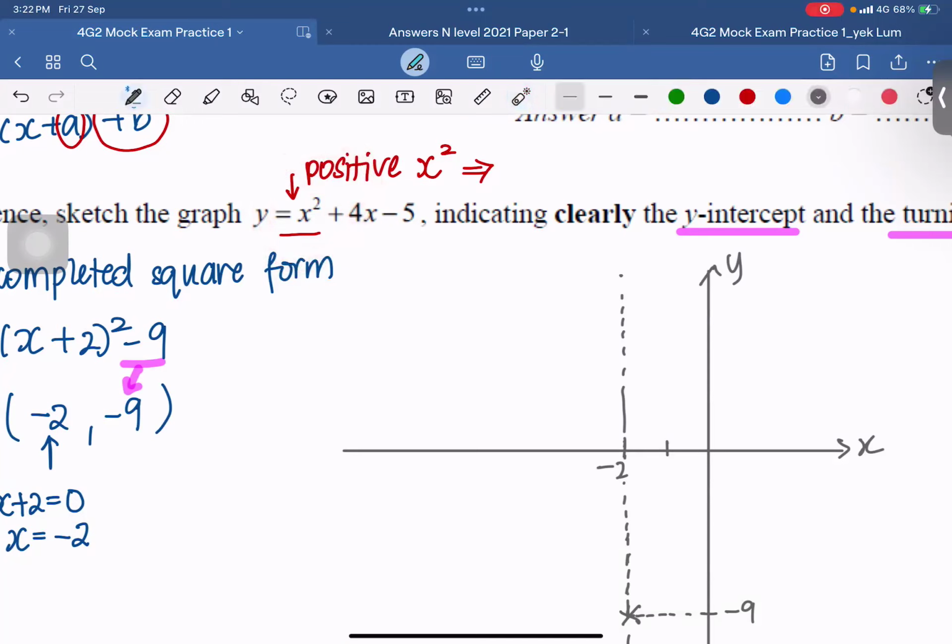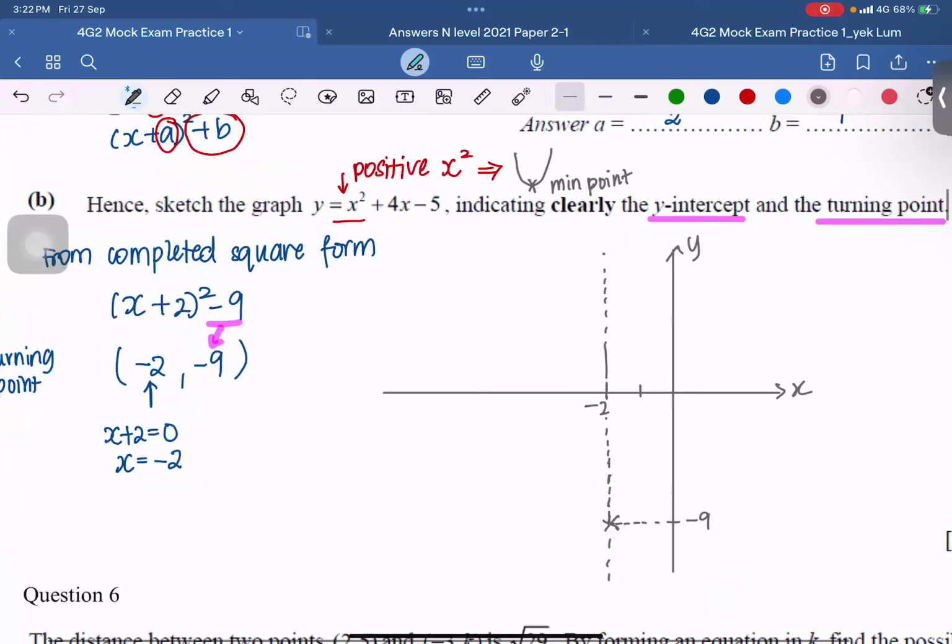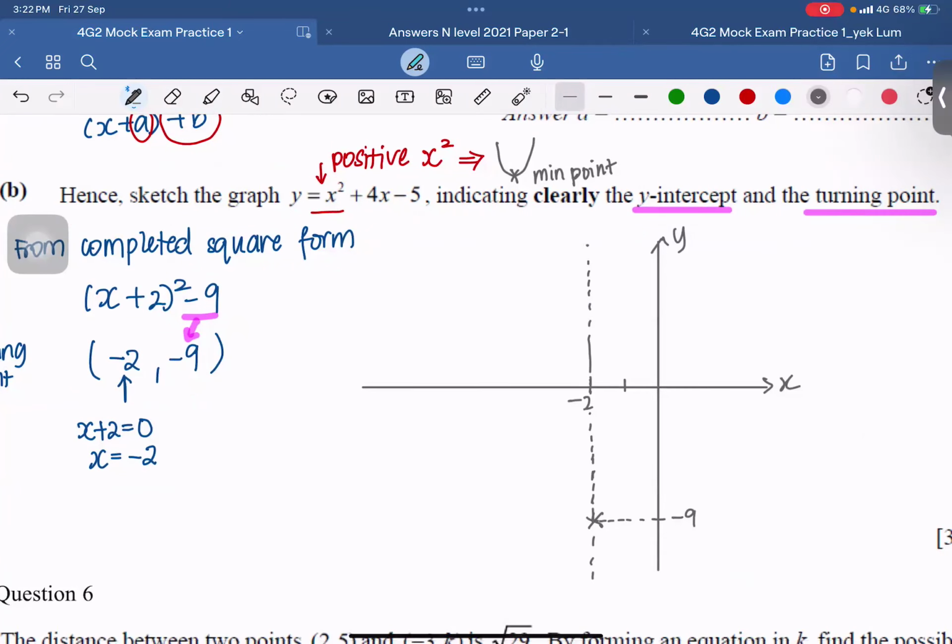If it's a happy face, is it a maximum or minimum point? This is a minimum point. So if I have this turning point and I know it's a happy face, then I just need to draw something that looks more symmetrical. Immediately I get my 2 points ready.